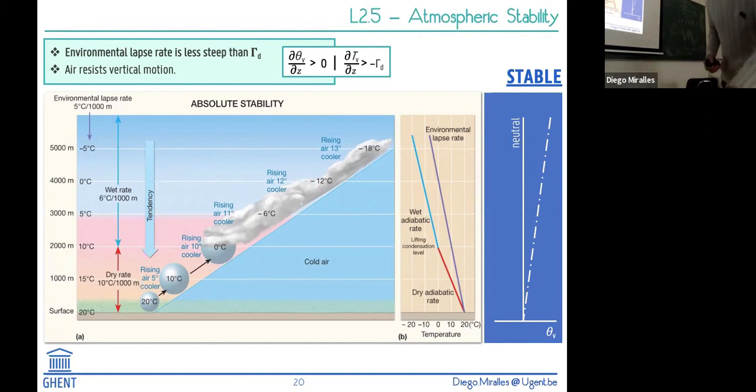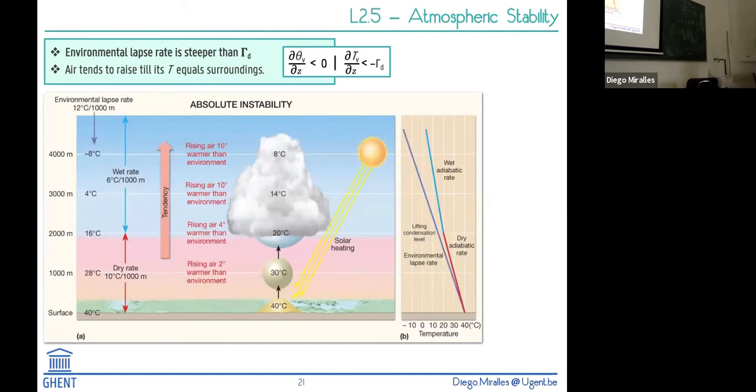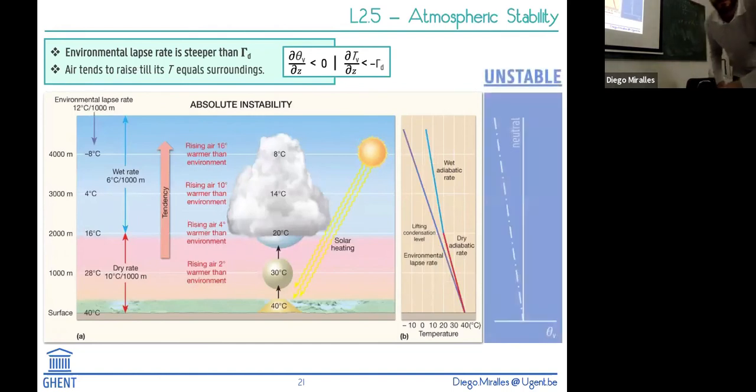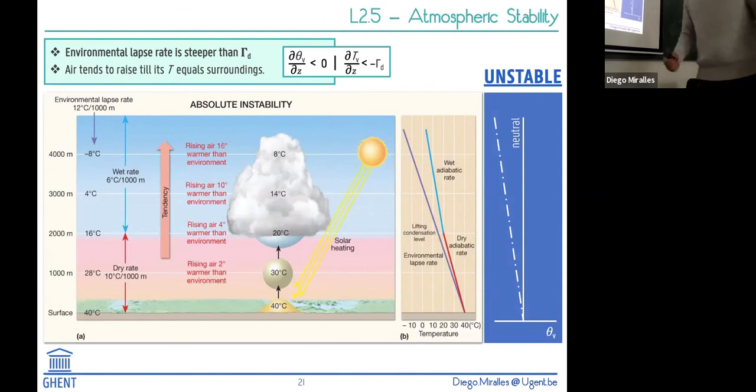And of course, the opposite. If you have the situation in which the virtual potential temperature decreases with height, then you have an unstable atmosphere. What does that mean? That you're losing more than 1 Kelvin per 100 meters.